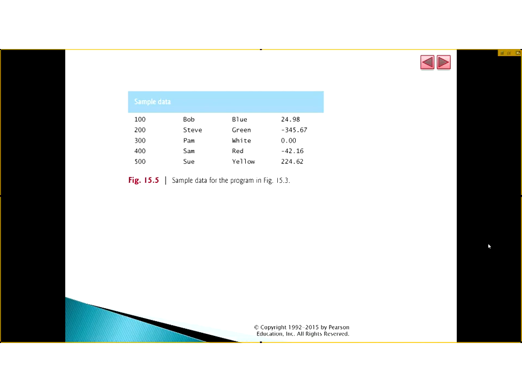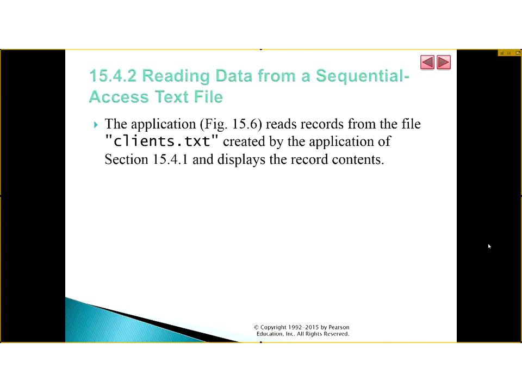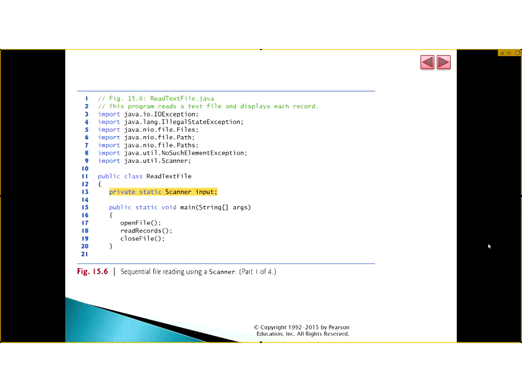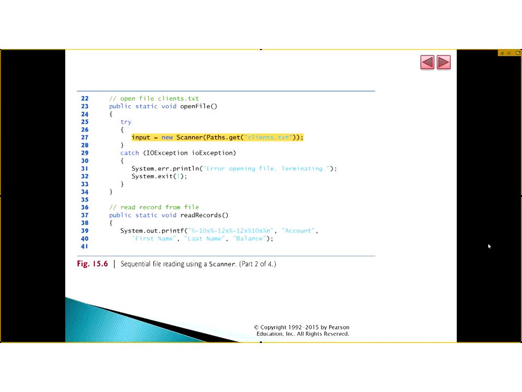So here's sample data for 15.3 for creating the text file, and reading the data from the sequential access text file. Again, I will do it a little bit differently. He tends to use the Scanner, and that's fine. I will have examples of this in the 220 class just to expand your horizons.